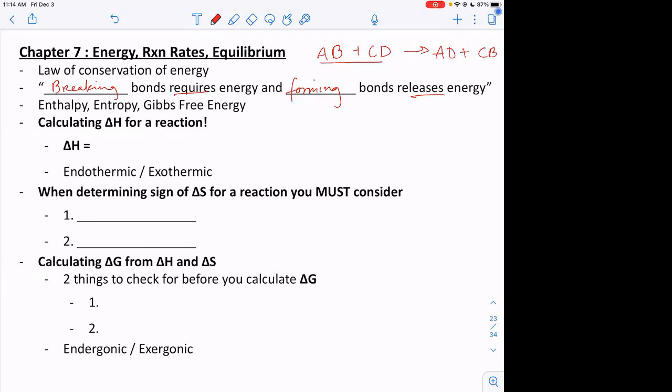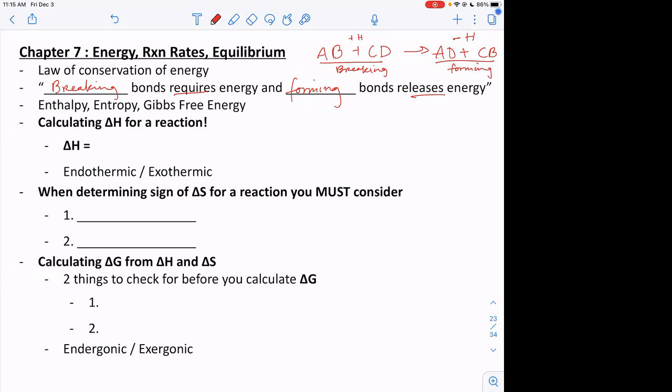You're breaking bonds on this side, so we're always investing energy, so there's always a positive enthalpy term here. And we're forming new bonds here, which always releases energy. If we're releasing, that's viewed as a loss from the standpoint of the chemical reaction or system, and so there's always a negative enthalpy term here. So it just depends which one's bigger as to how your delta H comes out.